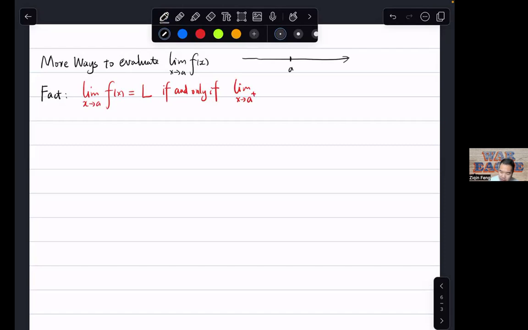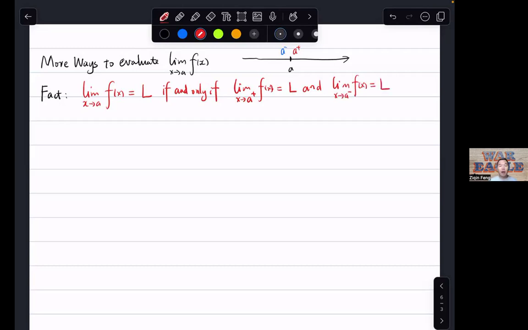So a plus is on the right side, getting closer and closer to a on the right side, and a minus is getting closer and closer to a on the left side. So on the right side, f of x is equal to L, and on the left side f of x is also equal to L.